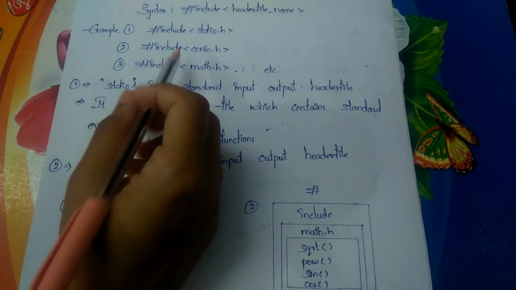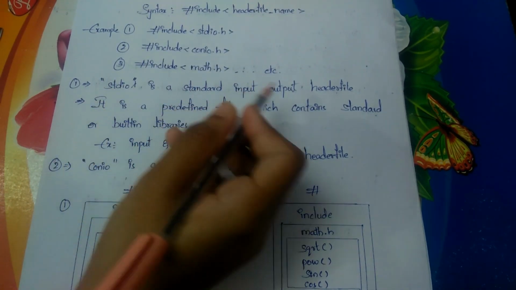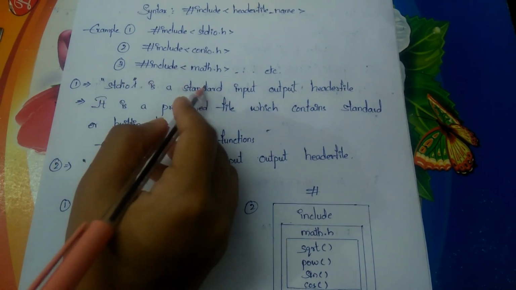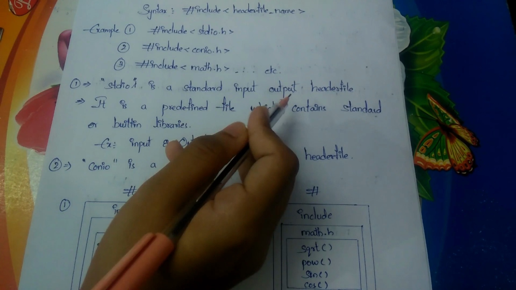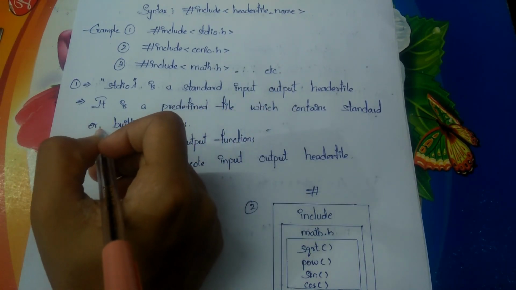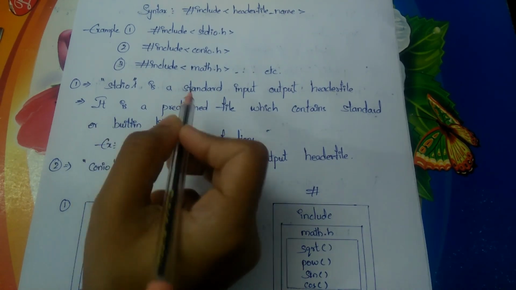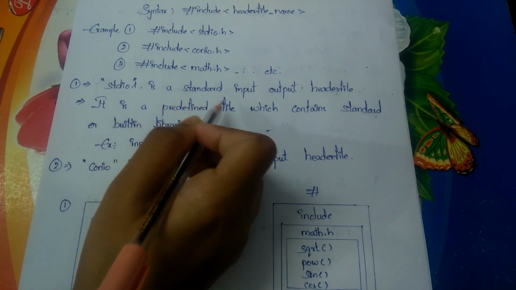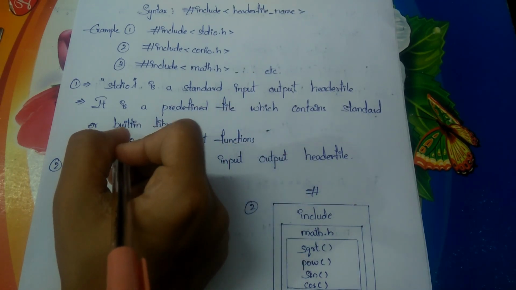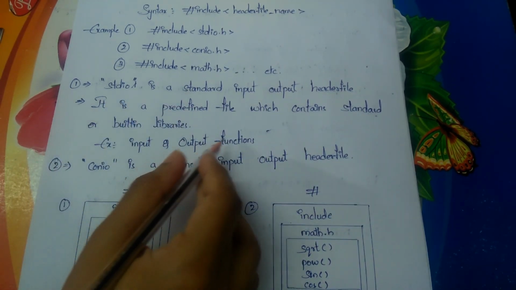So the first one is stdio.h. So stdio is a standard input output header file. It is a predefined file which contains standard or built-in libraries, for example, input and output functions.